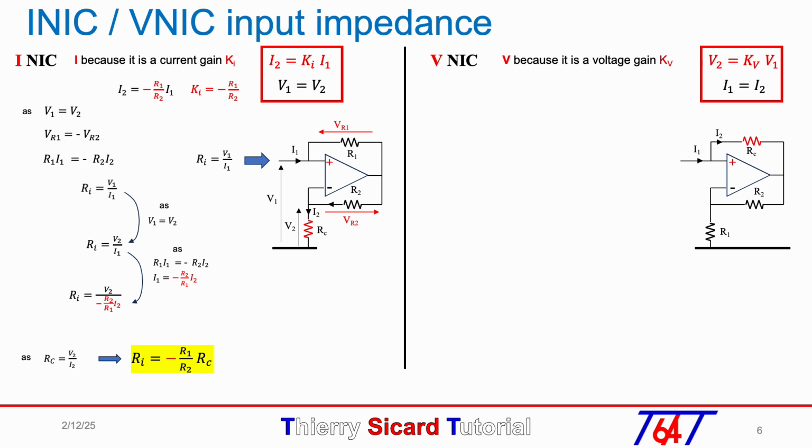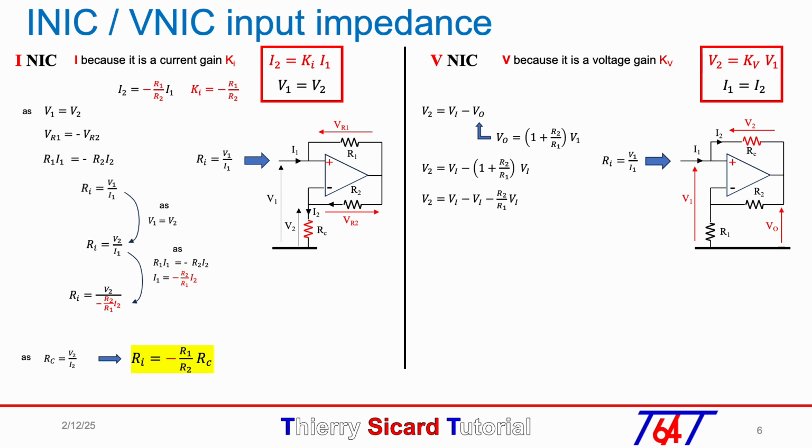Now we will calculate the VNIC input impedance defined by Ri equal V1 over I1. As V2 equal V1 minus Vout, if we replace Vout by a relation with V1, we will get V2 equal minus R2 over R1 times V1. From this relation, we find the gain Kv, so Kv equal minus R2 over R1.